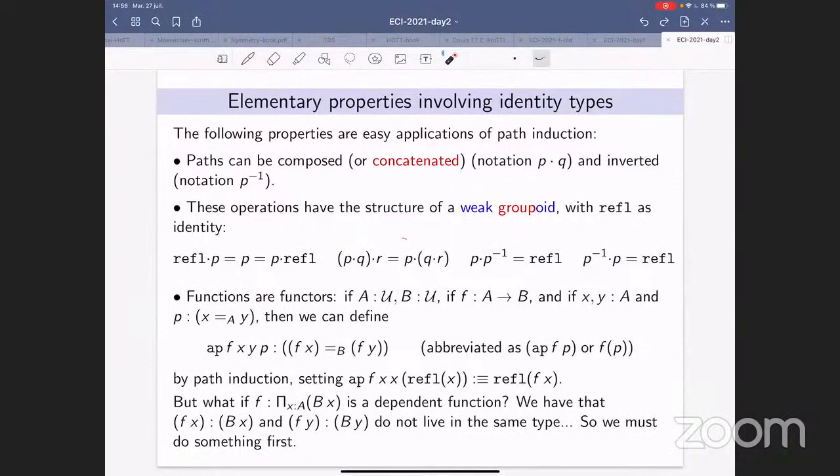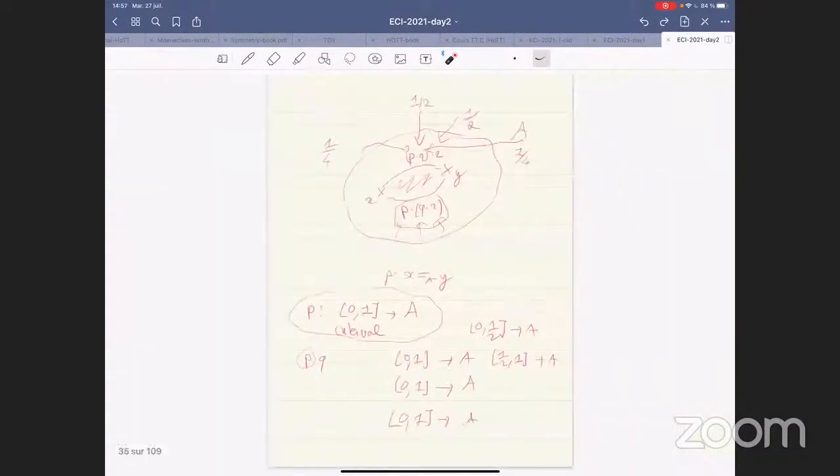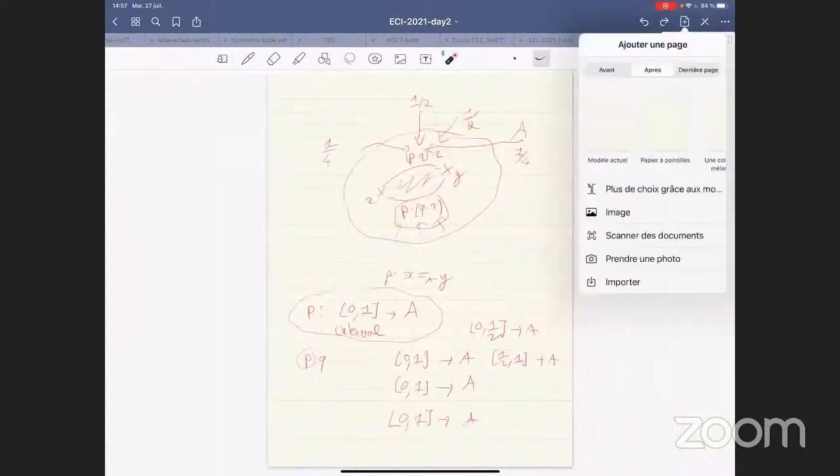If instead my f here was a dependent function, so if my f here was of this type here, pi x of type capital A, B x, then something happens. So maybe I should make a drawing here.